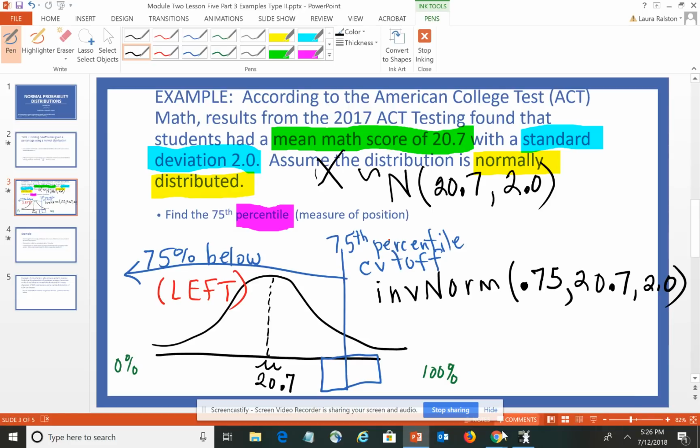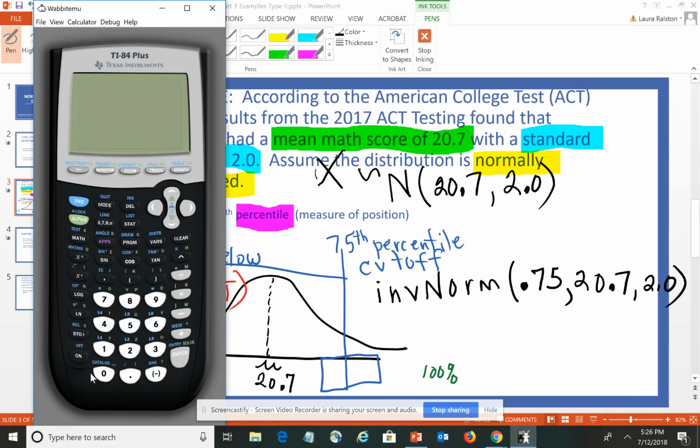I'll pull my calculator up. Second vars, which is next to the clear button, you get your distribution menu. Now we're using inverse norm, which is option 3. My area to the left of the cutoff is 75%, or 0.75.